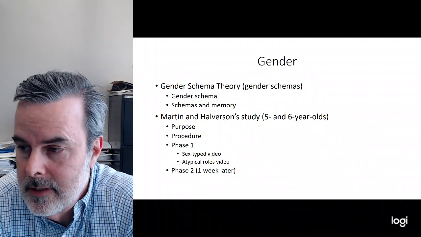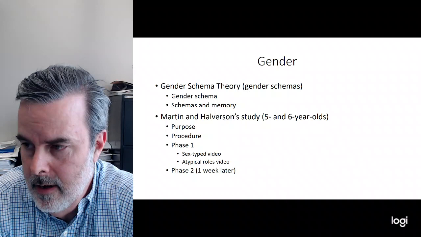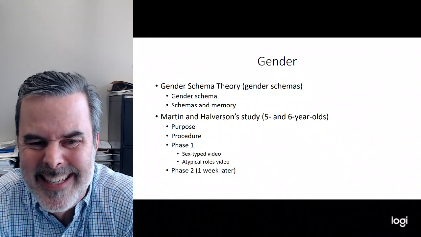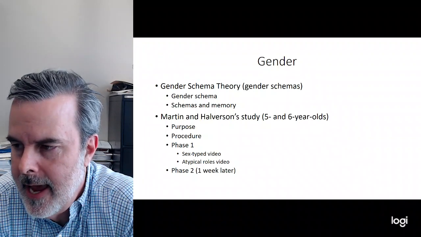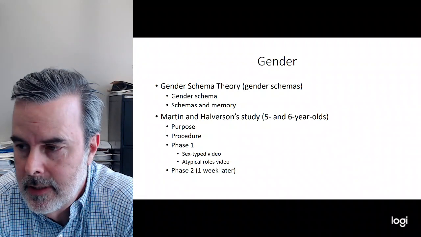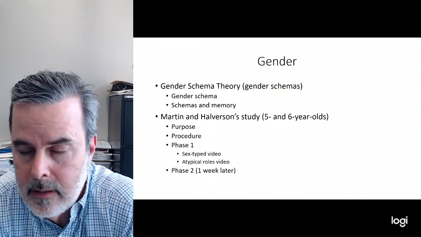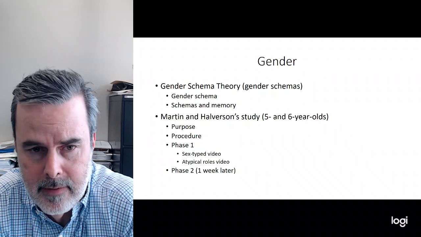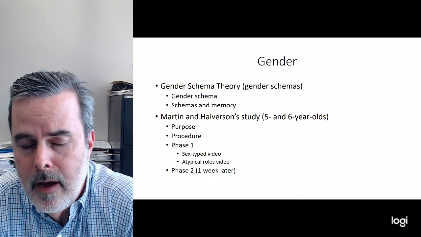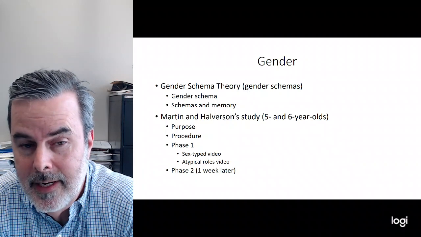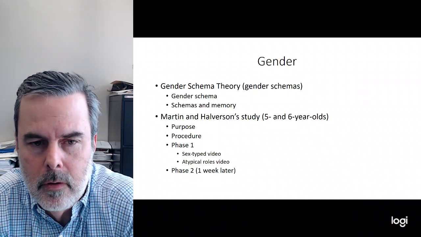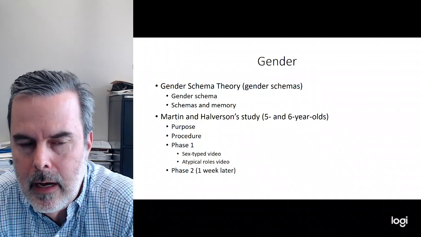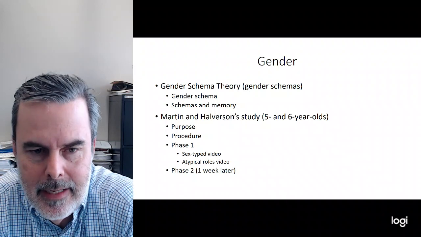In contrast to the findings for the sex type condition in phase 2, memories were relatively inaccurate in the atypical roles video condition in phase 2 1 week later. In particular, in the atypical roles condition in phase 2 1 week later, kids often also reported having seen a man playing the role of a doctor and a woman playing the role of a nurse, even though they had seen 1 week prior the exact opposite in the video.